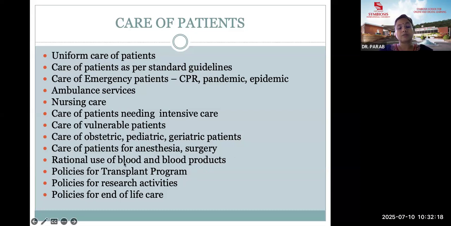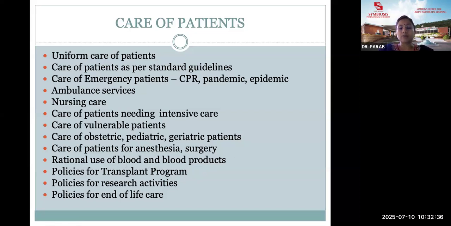There is a separate standard for transplant program, organ transplant program. So depending on if your organization has this or not, you could elaborate on the policies and procedures for the transplant program.